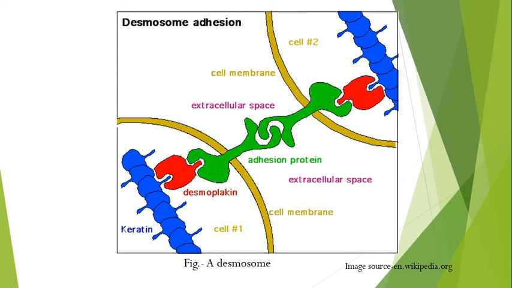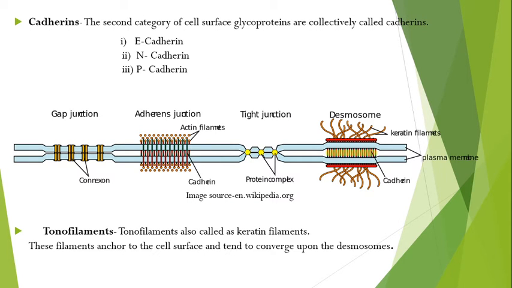Like other cadherins, linker proteins bind to their cytosolic tail and link them to the cytoskeleton.